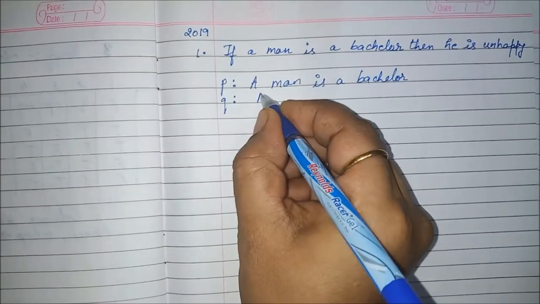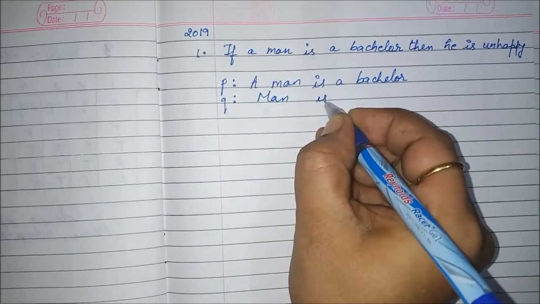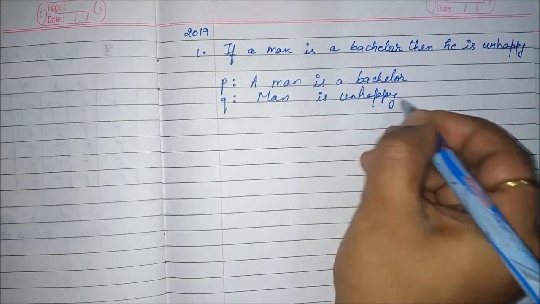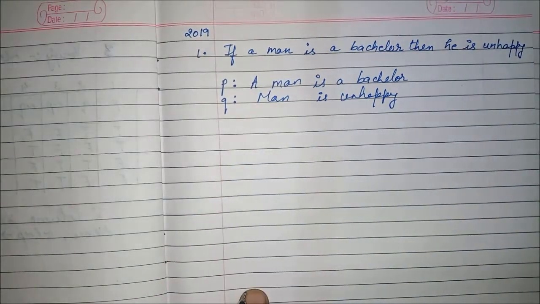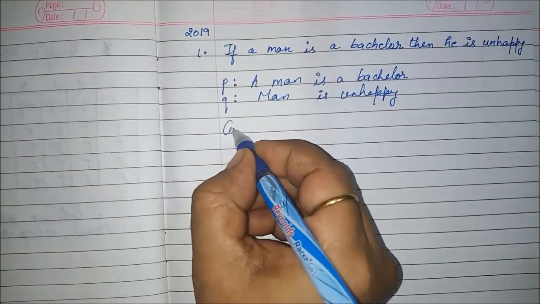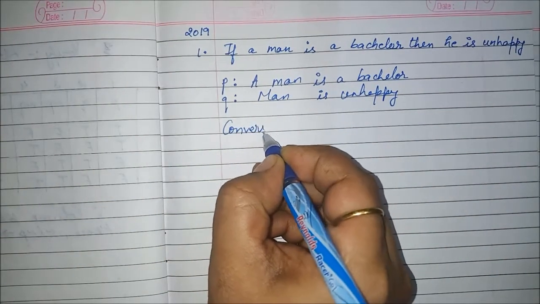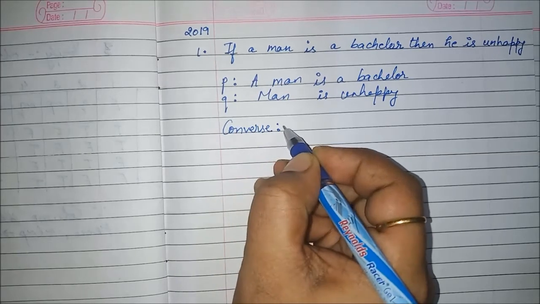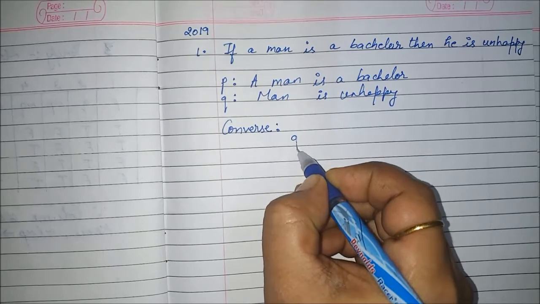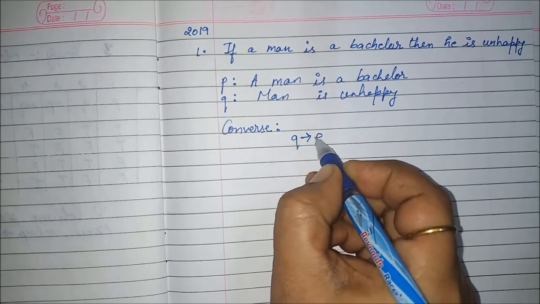So we write Q: man is unhappy. Now we have to write the converse. What is converse? In converse, we just reverse the implication.